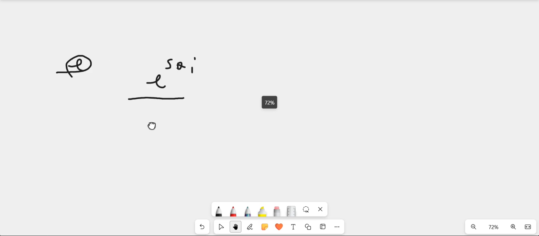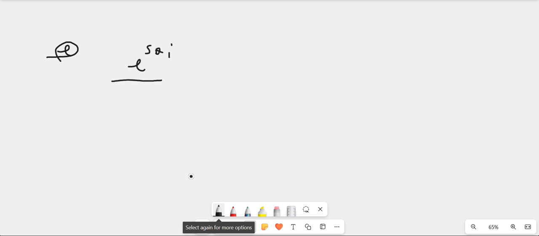e to the power of 5 theta i over e to the power of minus 3 theta i. Okay, let me explain that one before we get a bit wild in here. Let me explain how I achieved that. It says cos 3 theta minus i sin 3 theta.